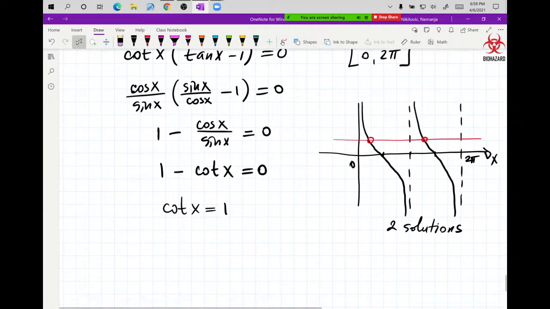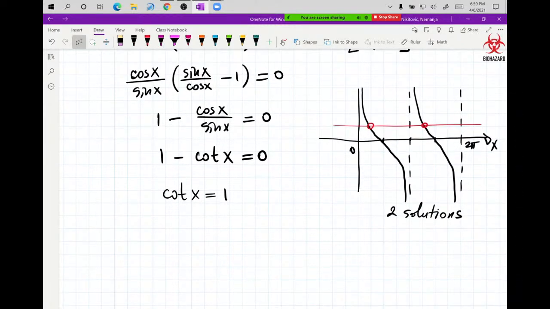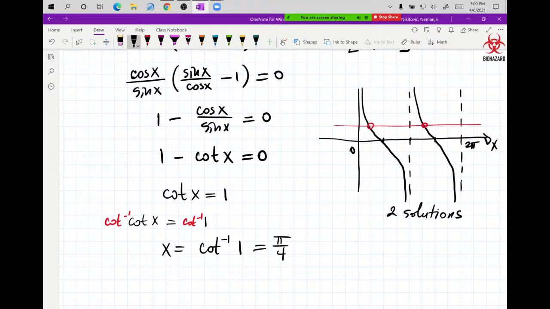Okay, let's find. Well, the cotangent x equals 1, and you apply the inverse cotangent on both sides, you will get x equals inverse cotangent of 1, which is pi over 4, because the tangent and cotangent have the same value in the middle, right?